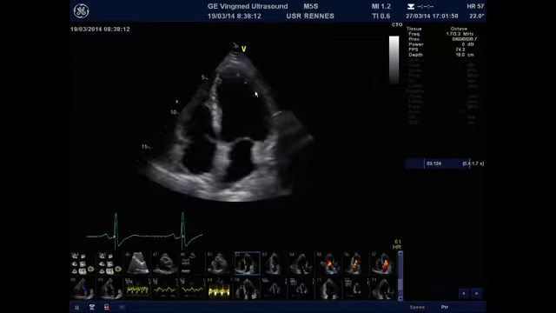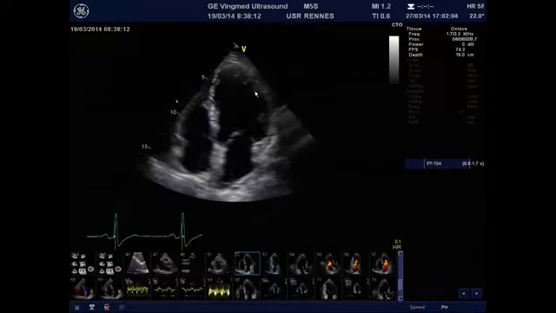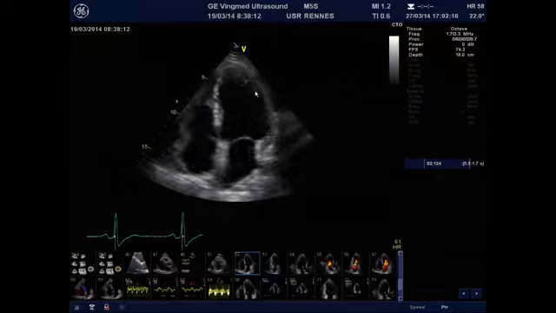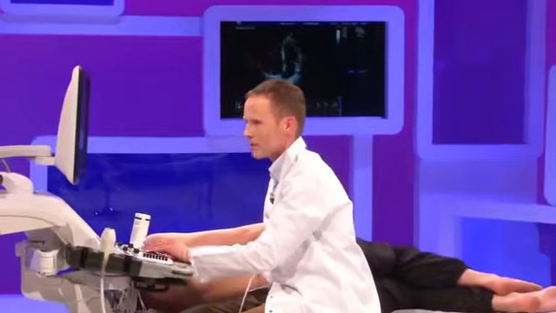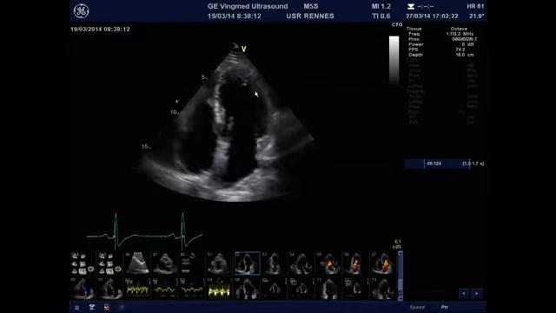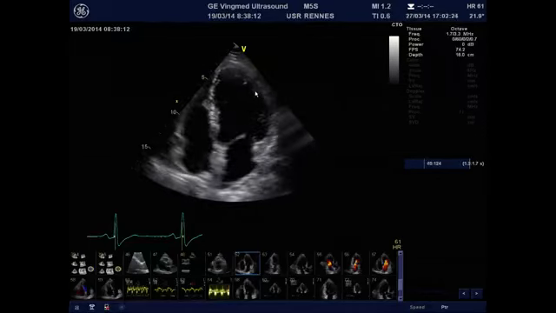Using these views, we can assess visually the LV systolic function globally, and we can also look for any kind of regional heterogeneity in LV systolic function. Then we will measure the volumes and the LV ejection fraction. Usually, we do it using the Simpson method, and I will show you.